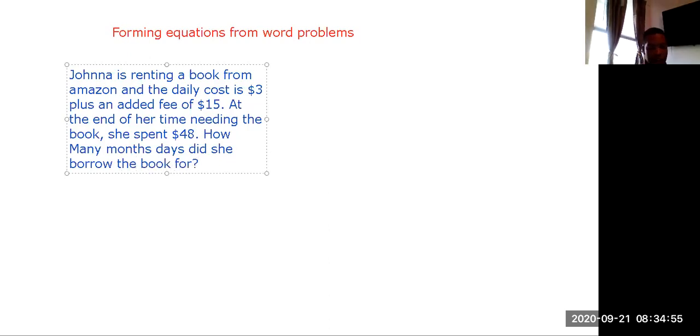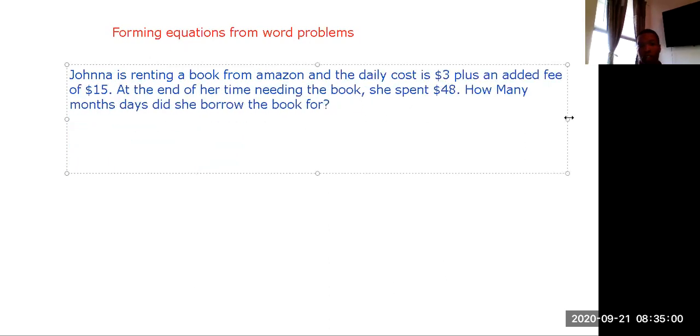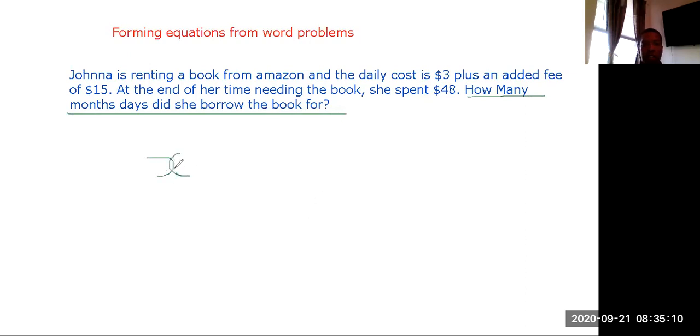So remember, whatever they're asking us to find is what our variable would be, all right? So right here, they're asking us to find how many days. That's going to be my variable, so I'm going to put my x. x is finding how many days did she borrow it, right? Okay, there it is.